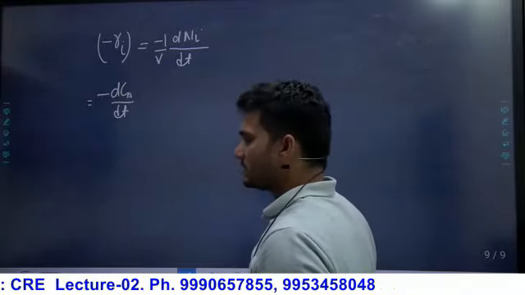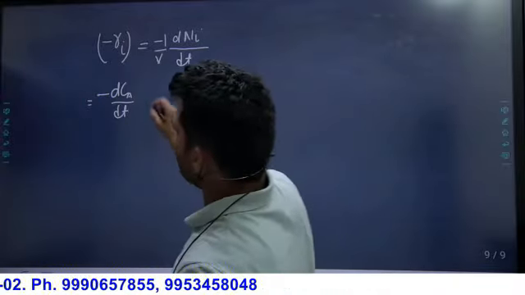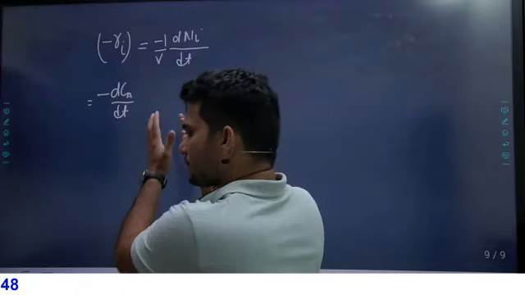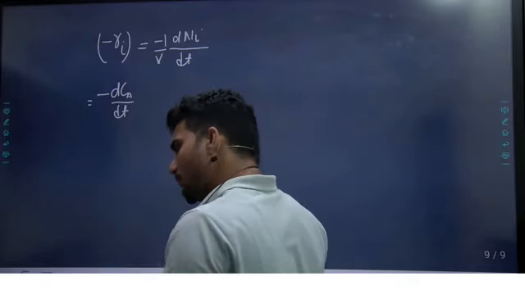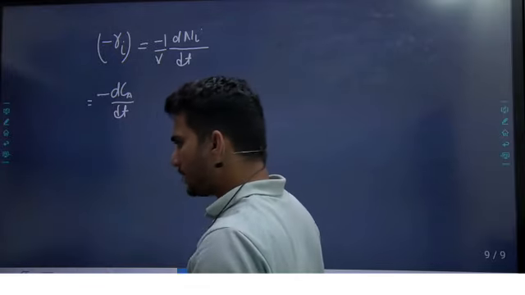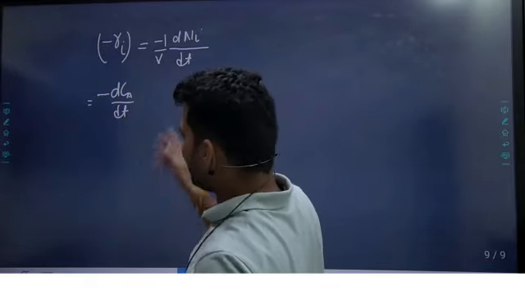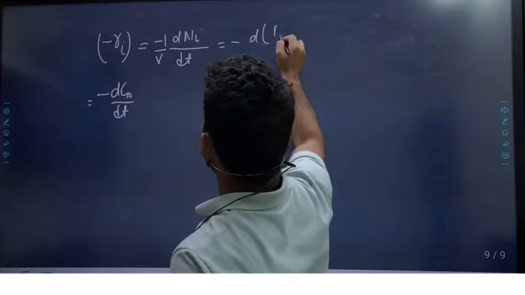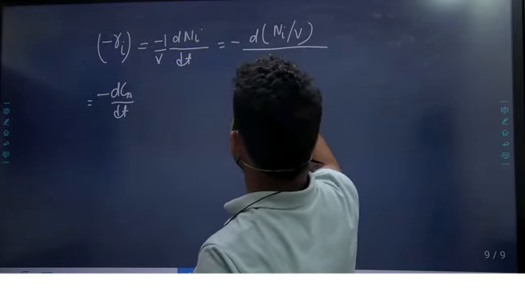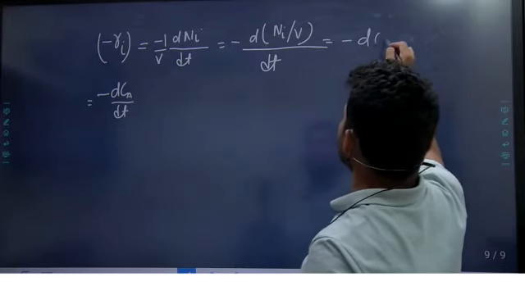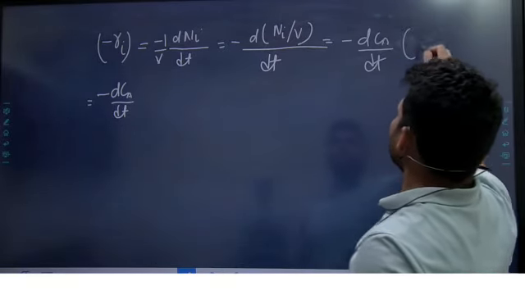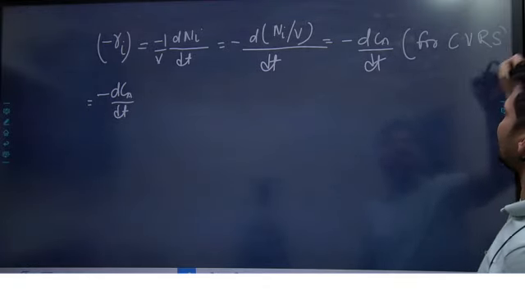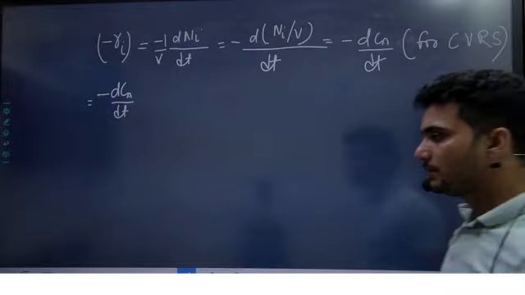Why not? Because during the reaction the volume of the reaction mixture may be constant, or it may be changing. When it is constant, you can write minus dNi divided by V divided by dt, which is your minus dCA by dt. That is for a constant volume reaction system.